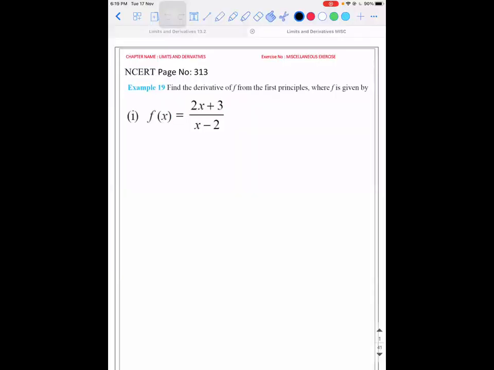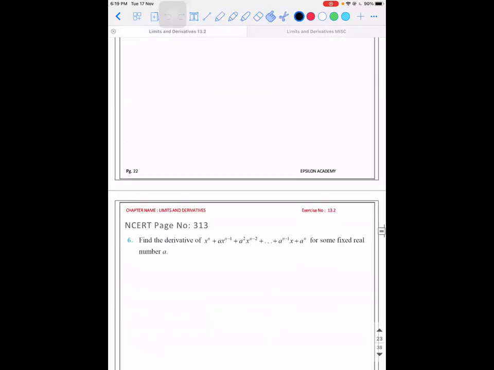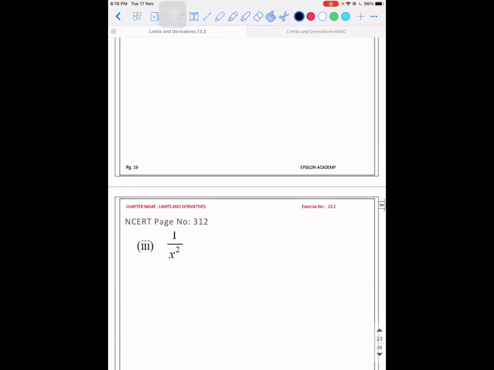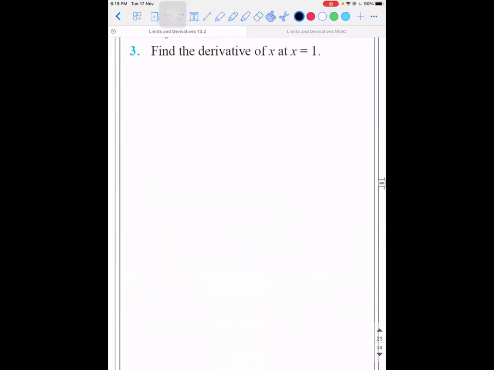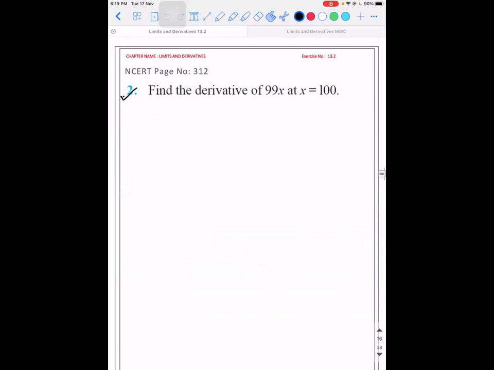Okay, we will start with some revision. Find the derivative of 99x at 100. What is the answer for us?